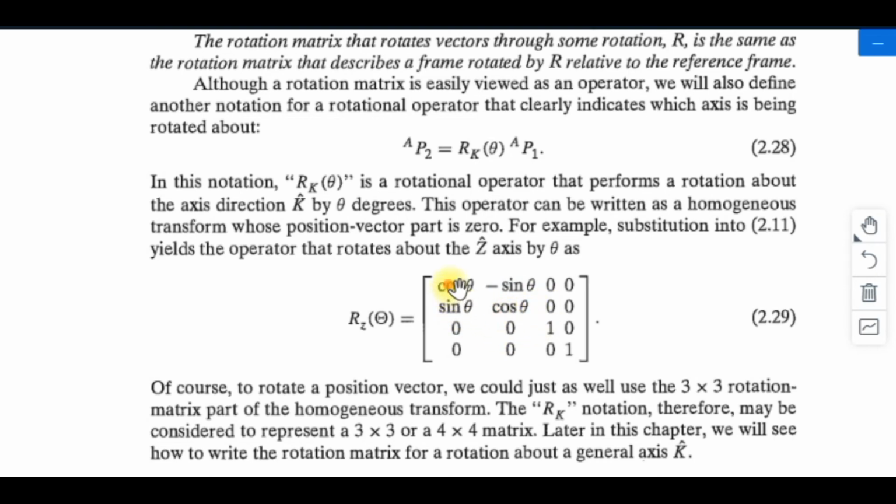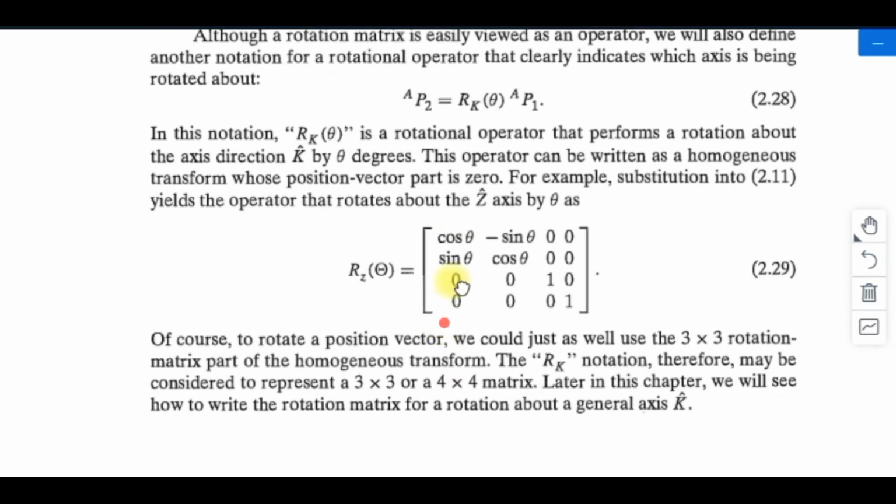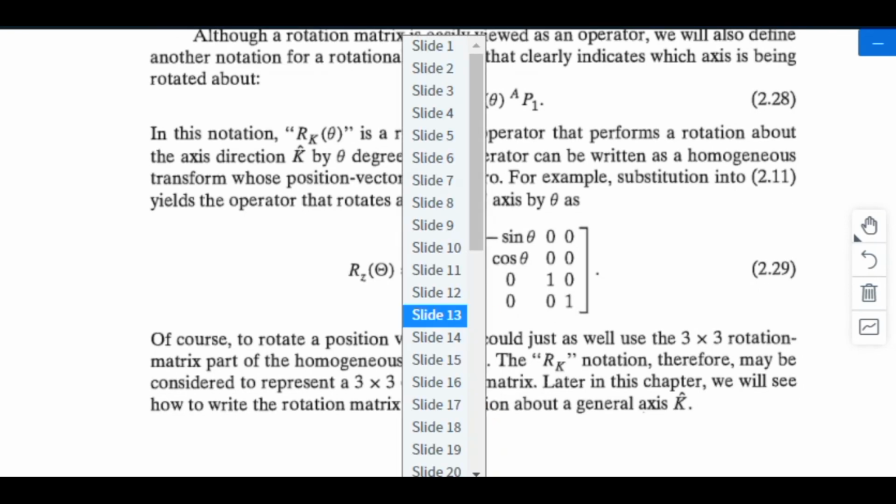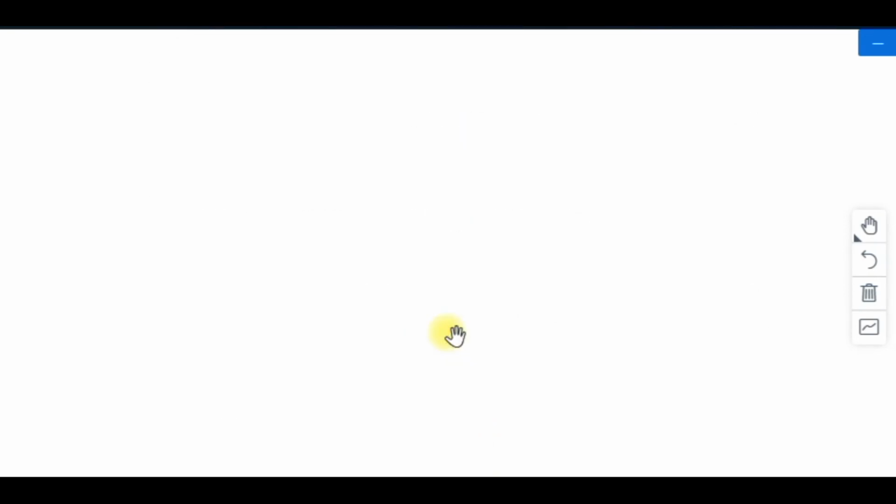For x, the 1 is here, and the others are 0, with sine and cosine, and one of the sines is minus. Okay, so the rotational matrix is over.